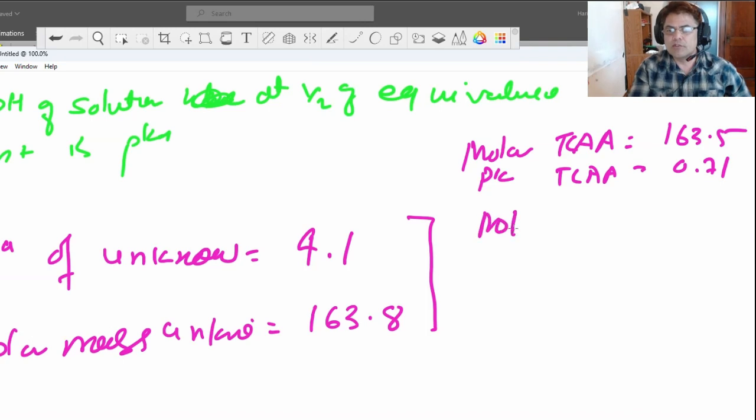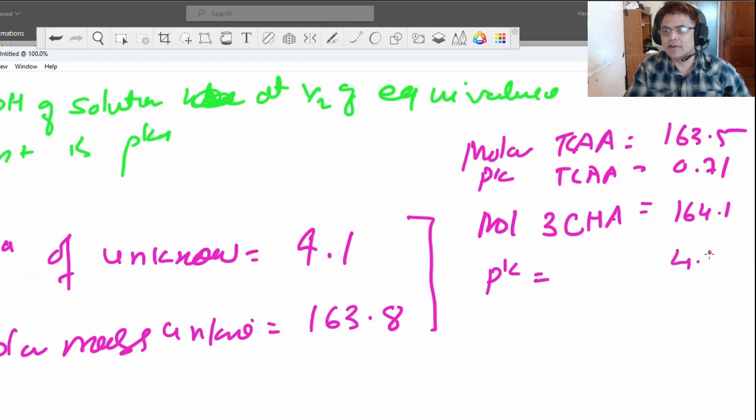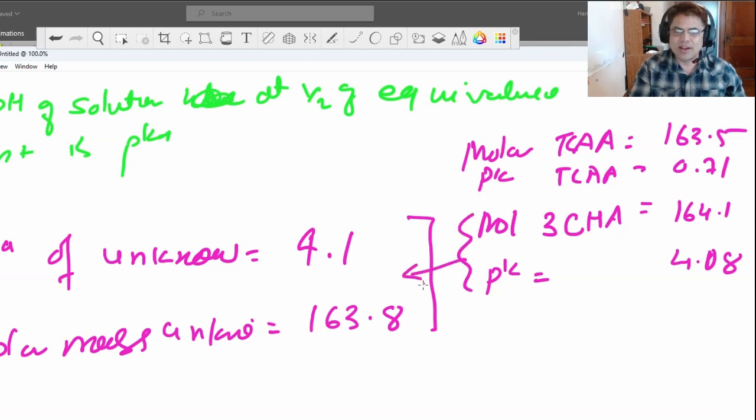And molar mass of 3-chloroheptanoic acid is 164.1, and the pKa of that was 4.1, which is correct. Look at that, 4.08. Look at that, these two match these two, right?